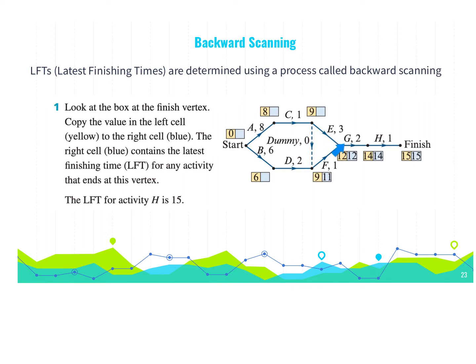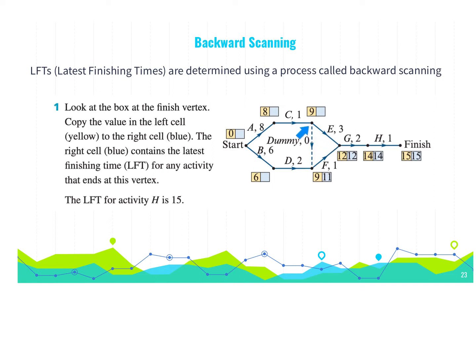But this is where it gets a little bit difficult, so it splits now. So if this is 12, the latest finishing time for D and for C here is actually 11. All right, it finishes at 11, okay, then it can still get there to 12, and we see a difference here between 9 and 11, and that's going to help us determine float time in a minute.